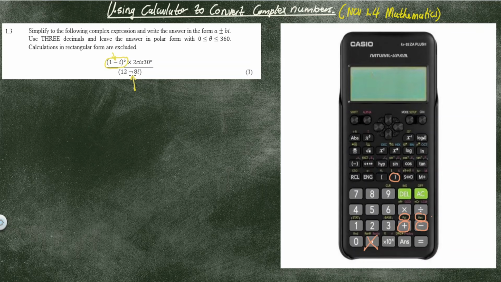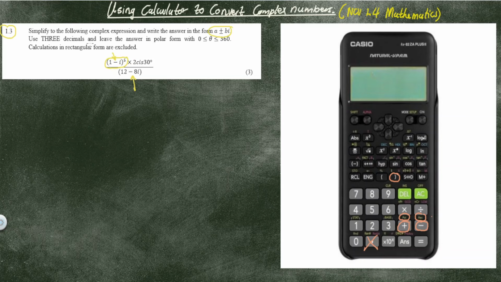More especially the numerator part, it required us to use De Moivre's theorem. In De Moivre's theorem, we can only apply it over a polar form. Now, if you read through the question for 1.3, it says simplify the following complex expression and write the answer in this form.